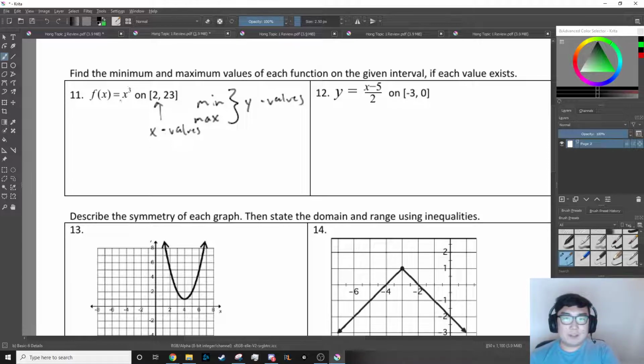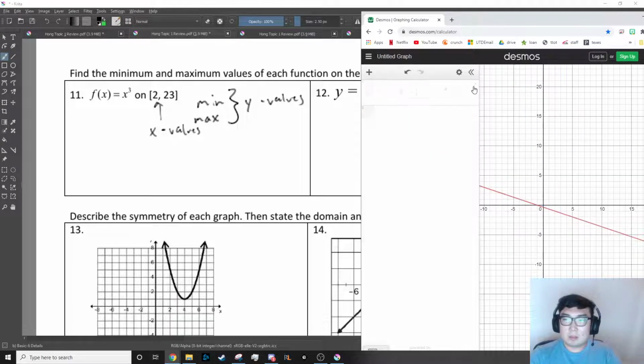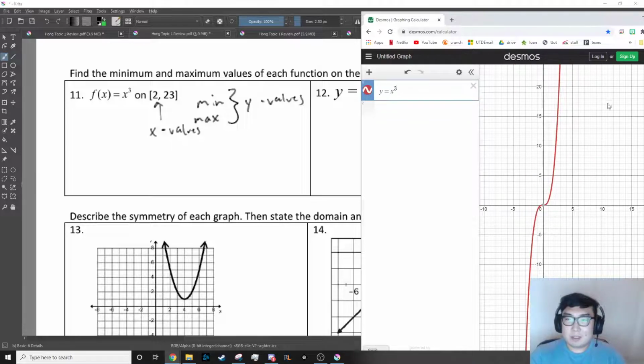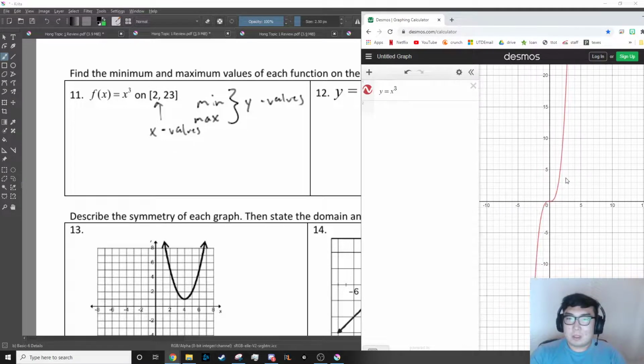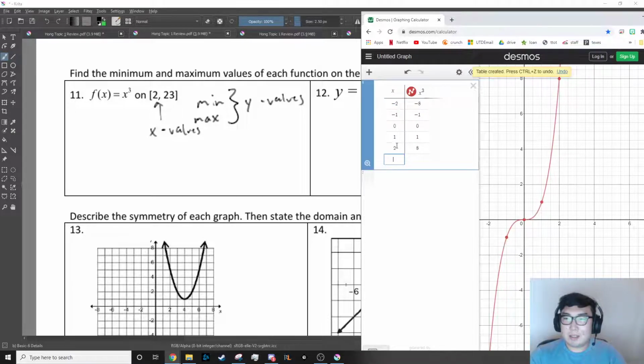So if I graph this right here in Desmos, let's just get rid of these. Y equals x to the power of 3. And between 2, right? 2, which is here. 2 and 23. So I could put a table, right?